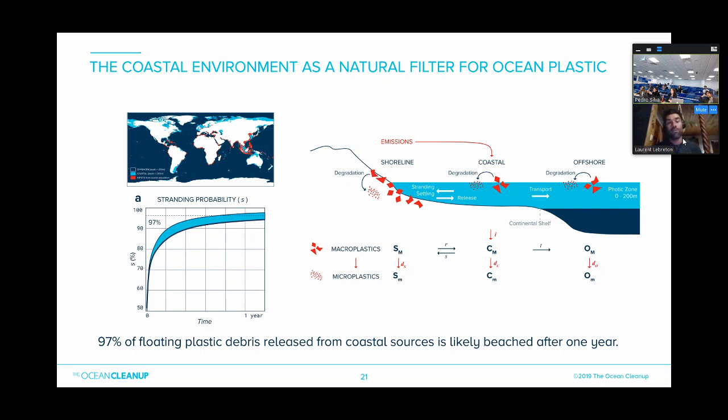So we use particle models again, and we release particles from different source points along the coastline, based on statistics of waste and population densities. What we find is that within a year, 97% of all the particles that we released have spent at least 2 consecutive days next to the coastline, basically increasing the chance of beaching, right?